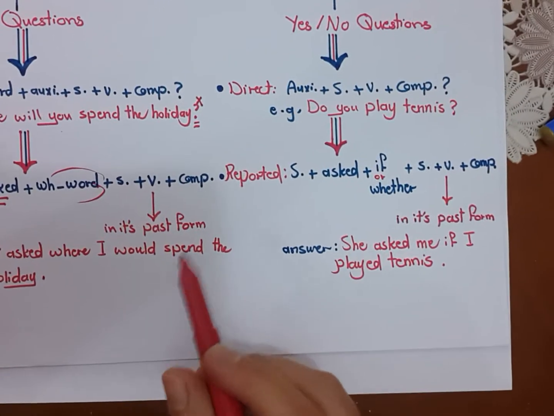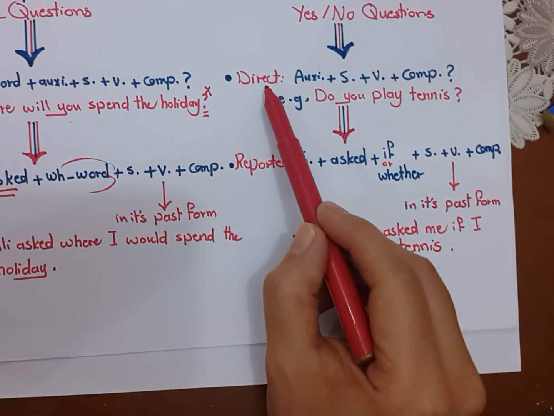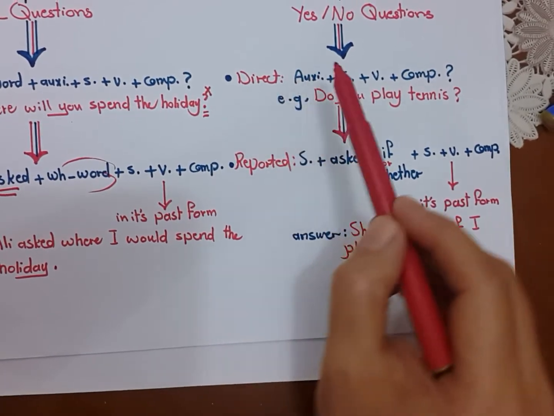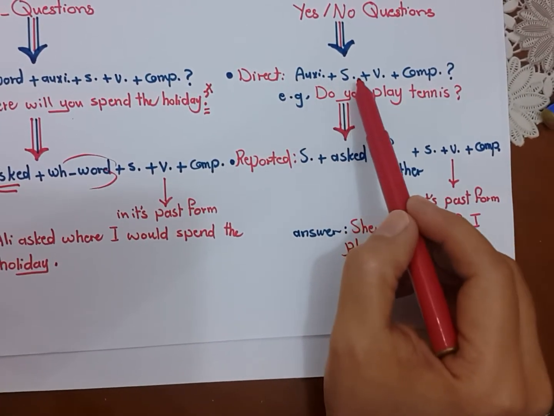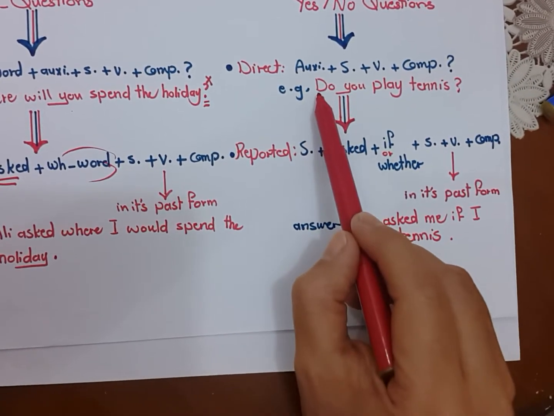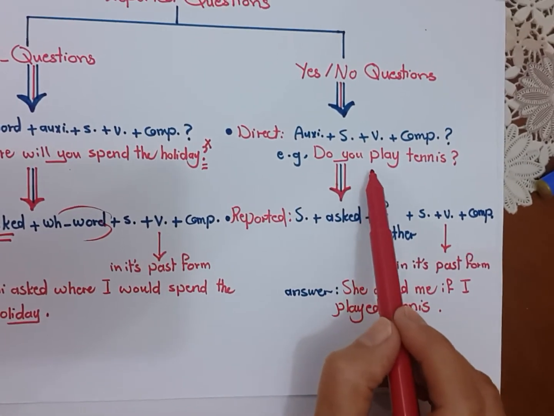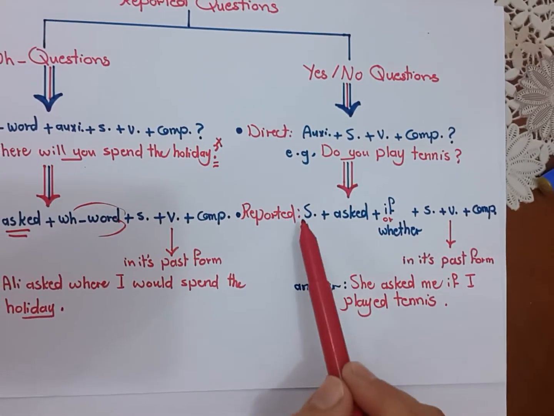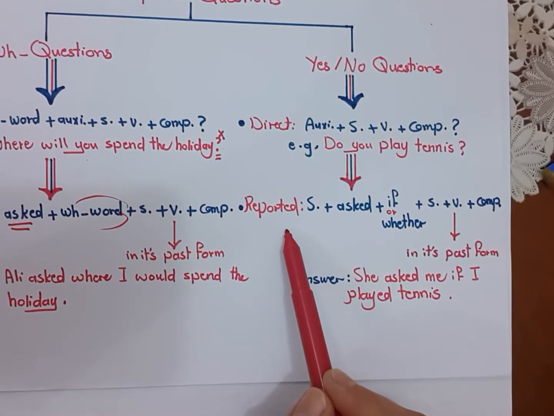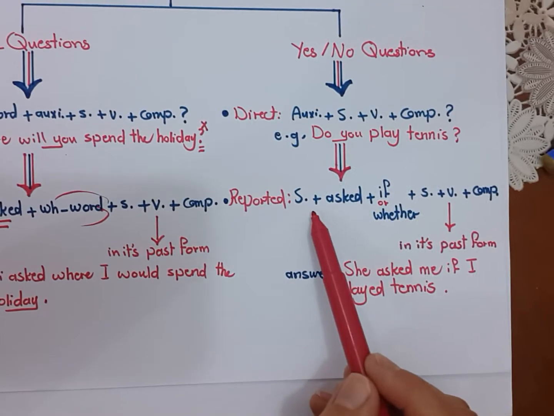Now you have the yes/no questions. A direct yes/no question starts with an auxiliary, subject, verb, and a complement. This is the example: Do you play tennis? To turn it into a reported question, use the following rule.